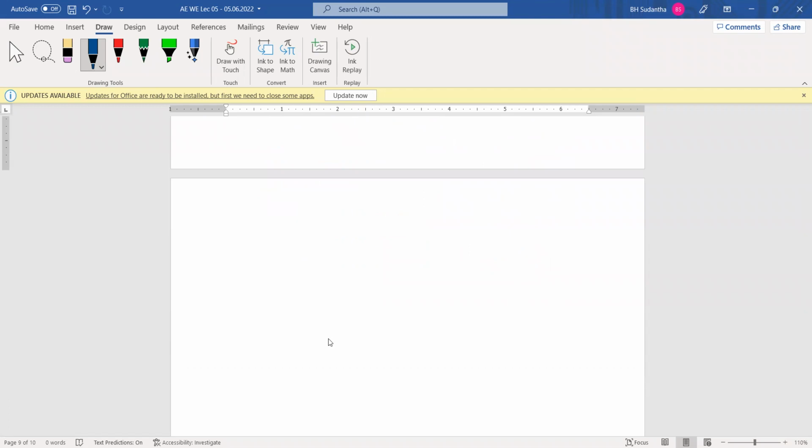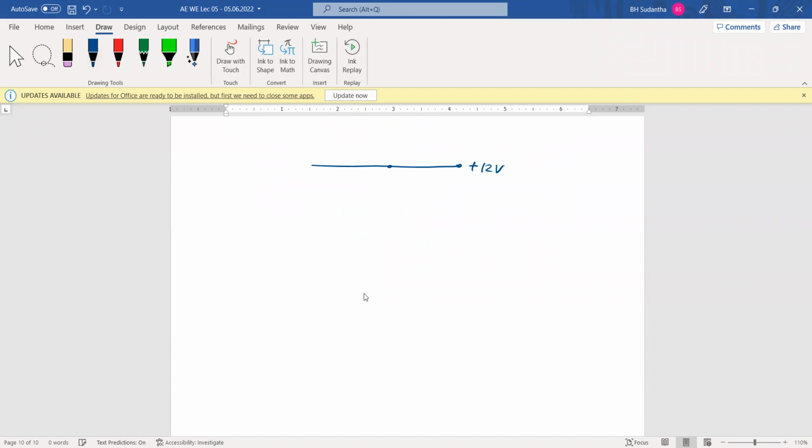Okay, then we can draw a real application here. Think about this very simple application. Now here we have a 12-volt supply, and assume that you want to turn on an electrical bulb.